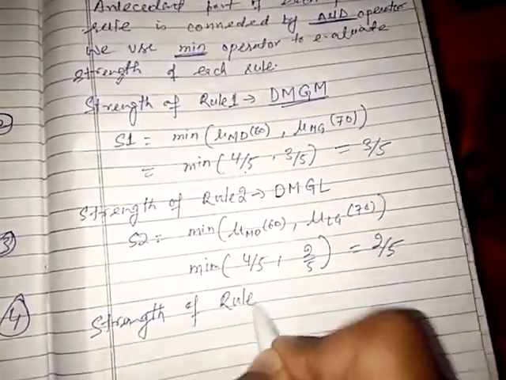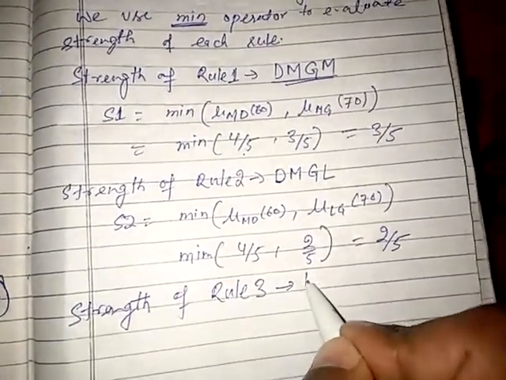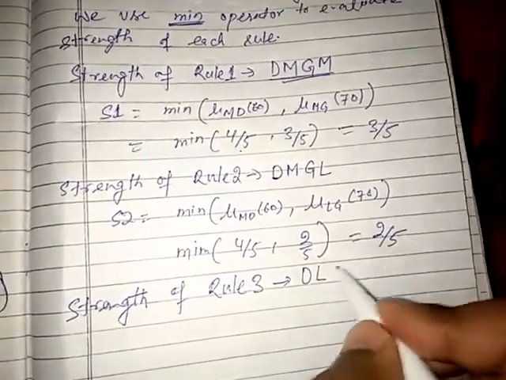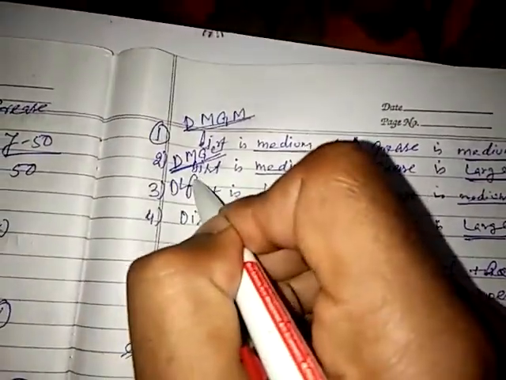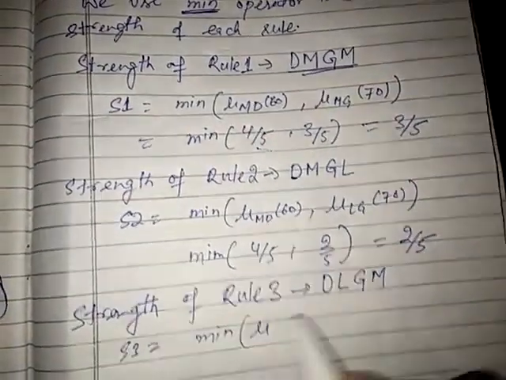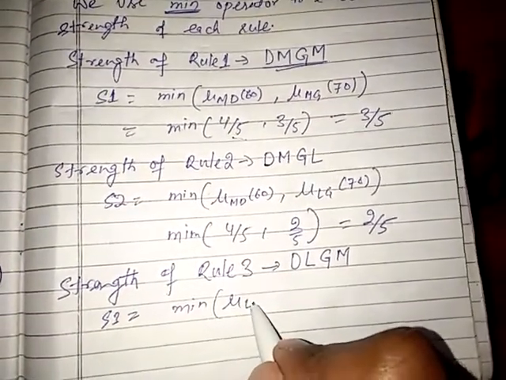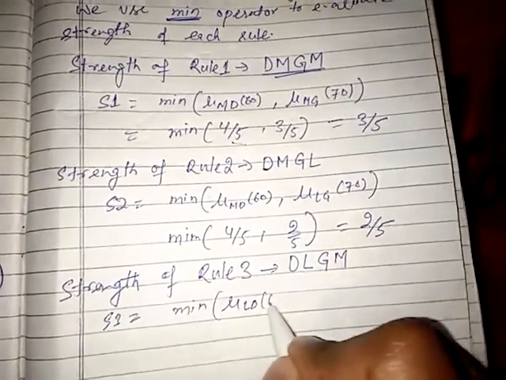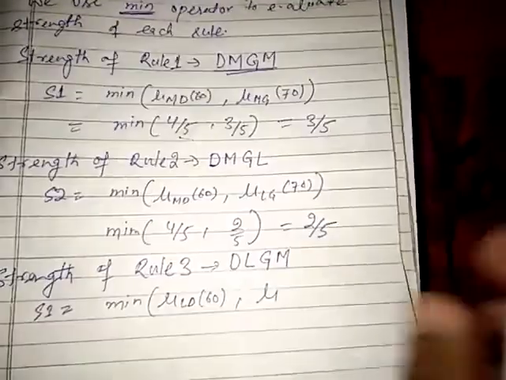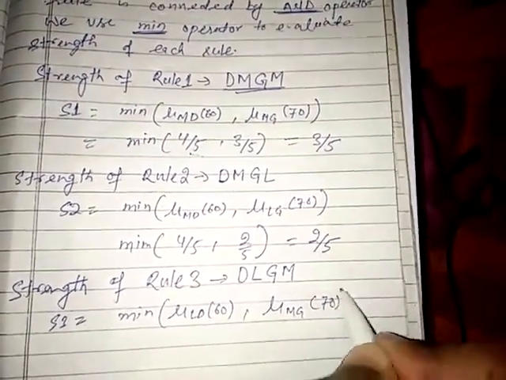Now we calculate the strength of rule 3, that is, dirt is large and grease is medium. This one is S3. We are calculating the minimum value of mu large dirt(60) and mu medium grease(70).